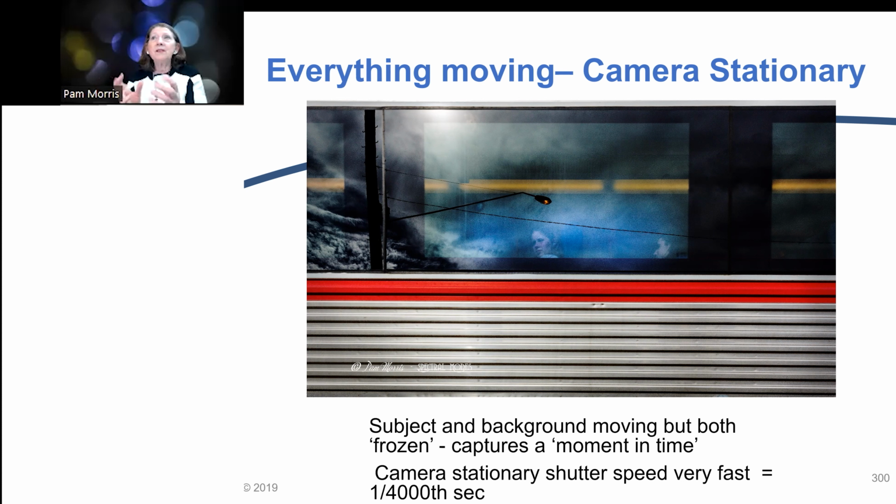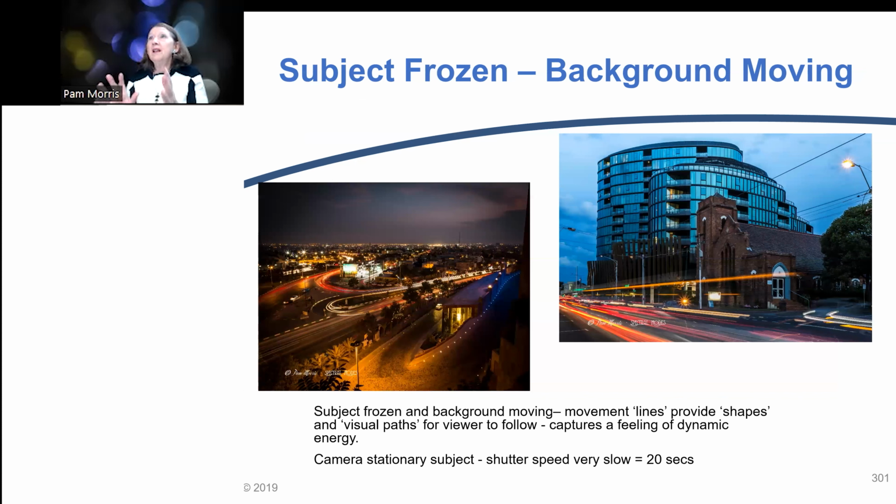So there's some of the ways that you can use your camera tools, your shutter speed, to get different narratives and aesthetics to images. This is where the subject was frozen because I was taking landscapes, but the background is actually moving.